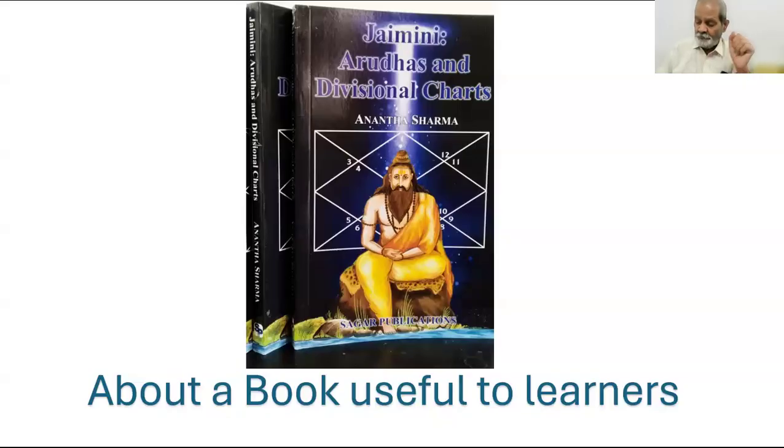For example, we have the fifth bhava: the Arudha of the fifth bhava, Putrapada, Lord of the Putrapada, then PK Putrakaraka. What are the significations of the fifth house?